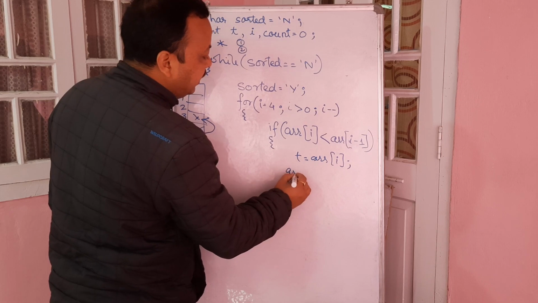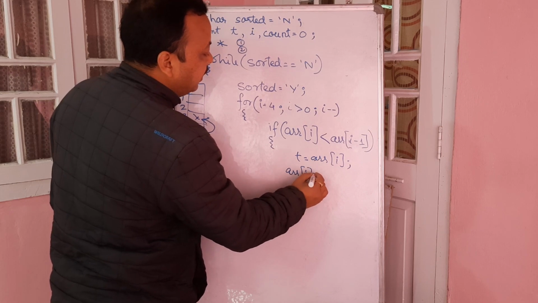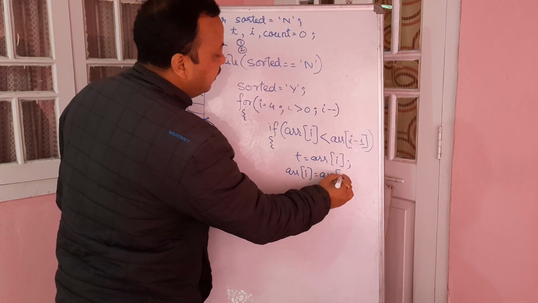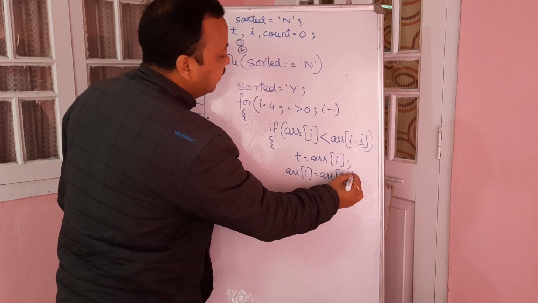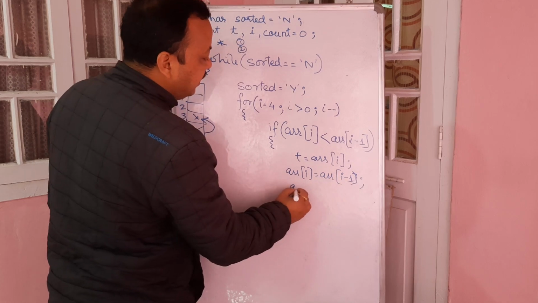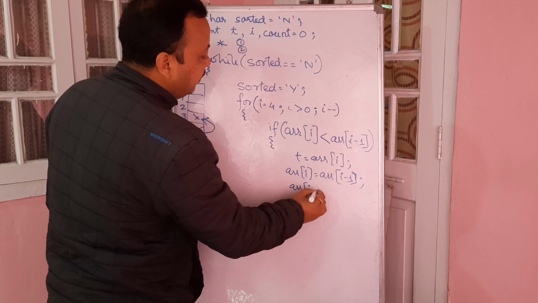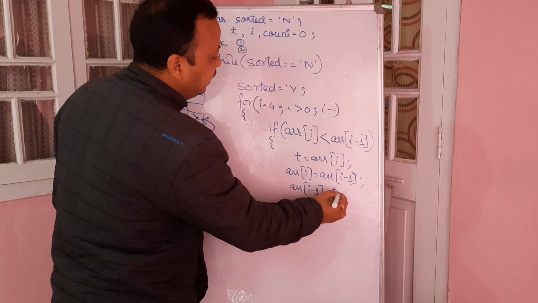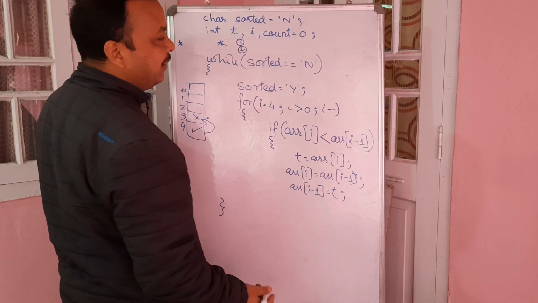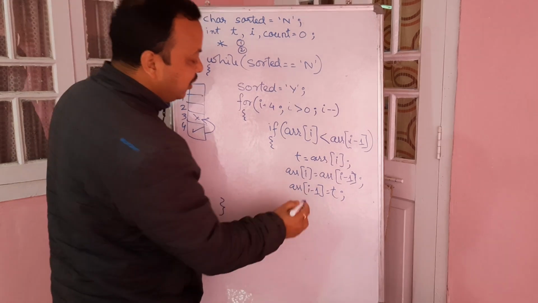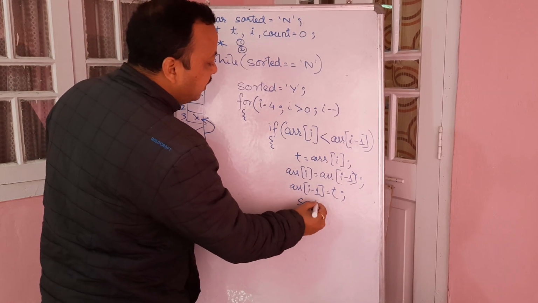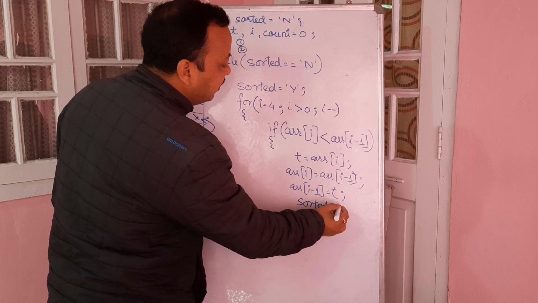Next statement, arr[i] equal to arr[i-1]. And last statement, arr[i-1] equal to t. So I did the interchange, but I knew that the array was not sorted. So what do I say? sorted is equal to n.